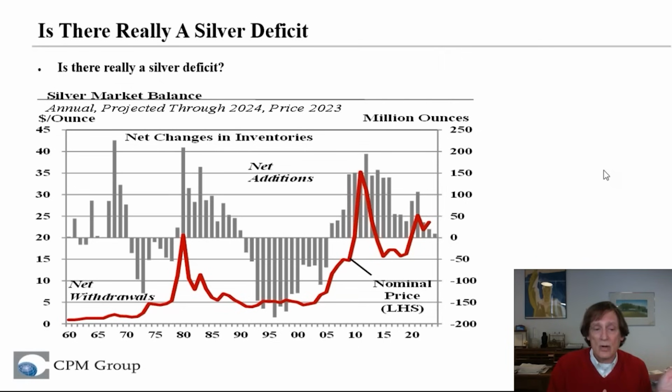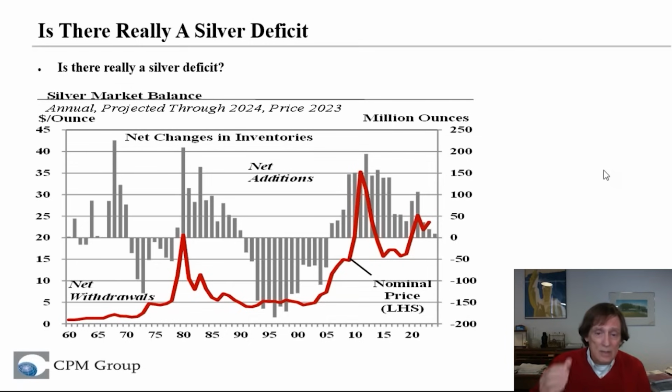The price of silver had gone from $22 on an average basis in 1980 to about $4 or $5 in 1990. We had a new economic paradigm. The stock market was doing well, et cetera. And investors sold silver for 15 years, 16 years. They turned into net buyers in 2005, 2006, and they've been net buyers ever since.